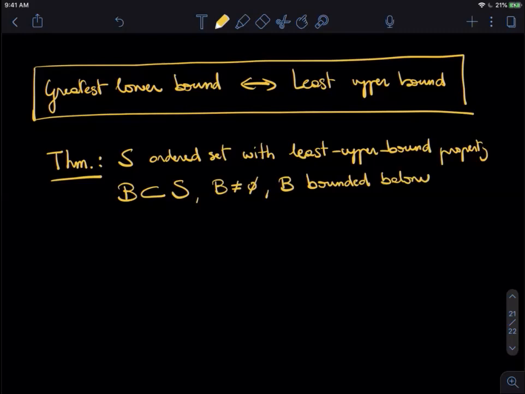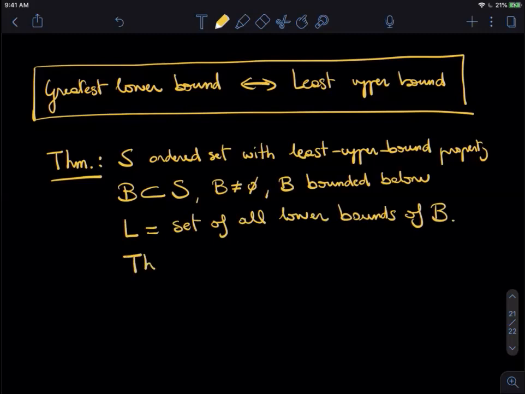Now, let's call L the set of all lower bounds of B, okay?